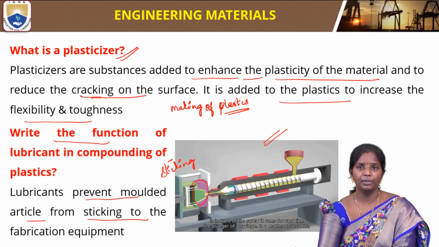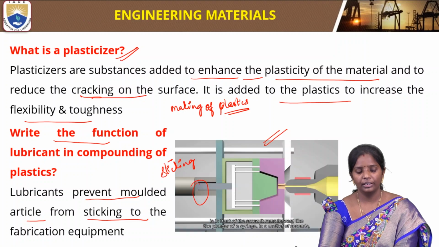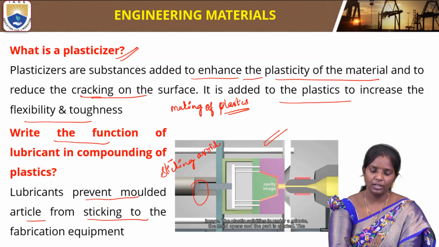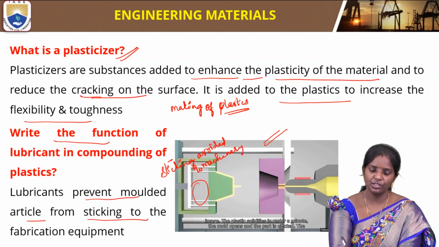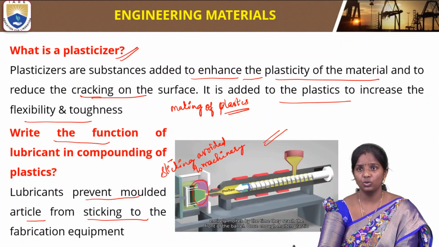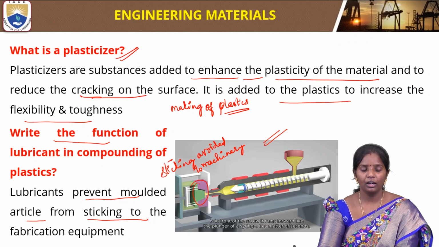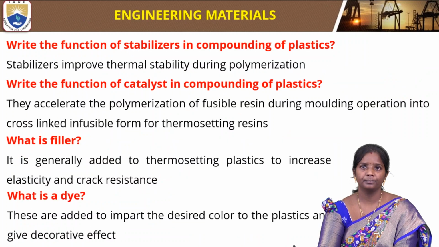Why does it stick? Because it is undergoing molding at very high temperatures. So sticking will be avoided to the walls of the machinery or the equipment used for this purpose. So that is the role of lubricants in compounding of plastics.